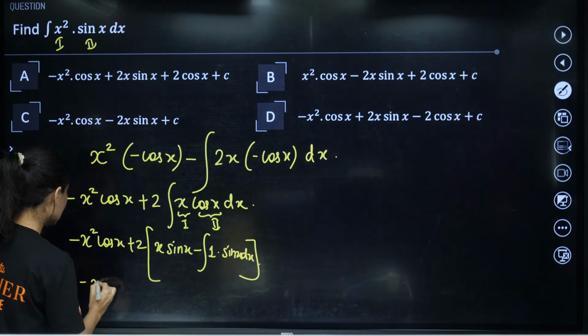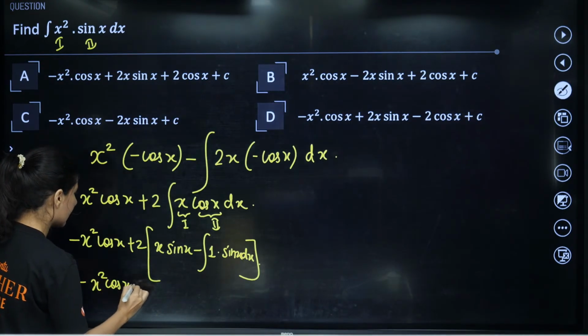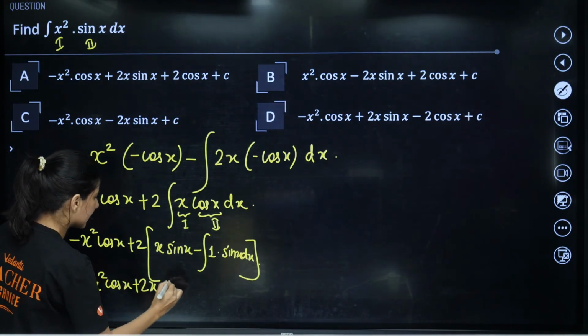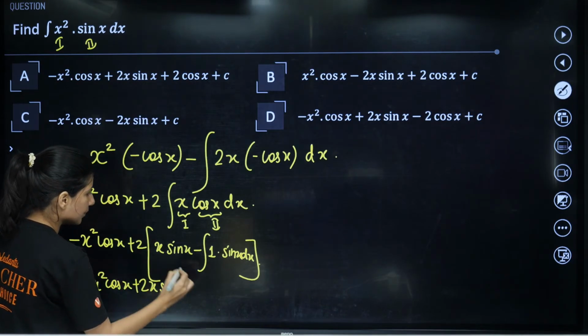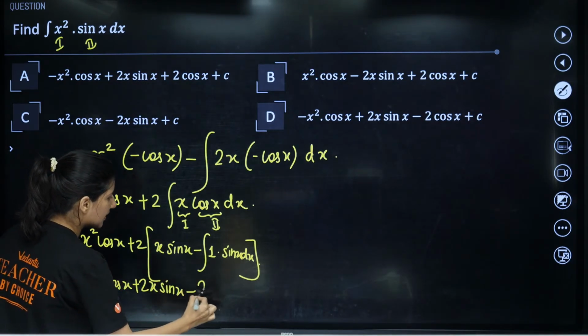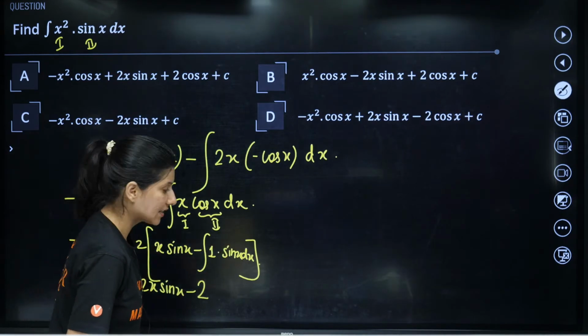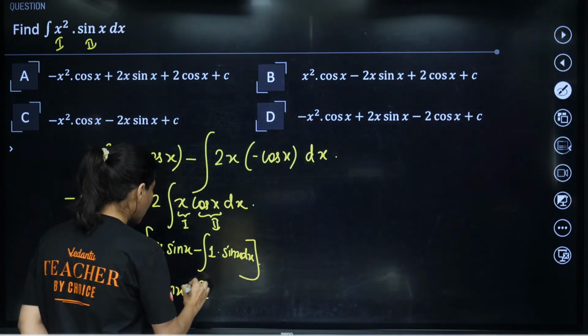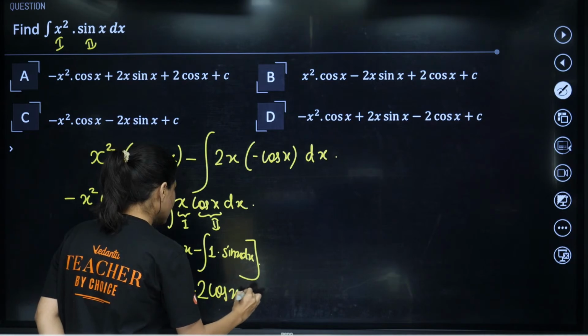Perfect. Minus x square cos x plus 2x sin x, plus, minus 2 times the integral of sin x, which is minus cos x, so plus 2 cos x plus constant.